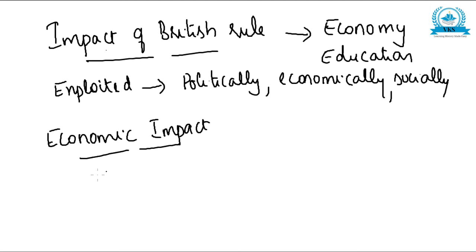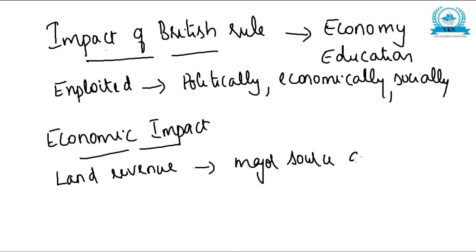Now considering the British rule, land revenue was a major source of income to the government. The British incurred a huge expenditure, and how did this expenditure come?